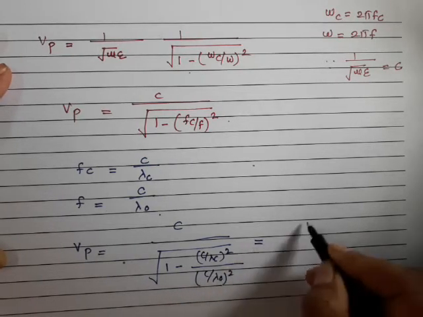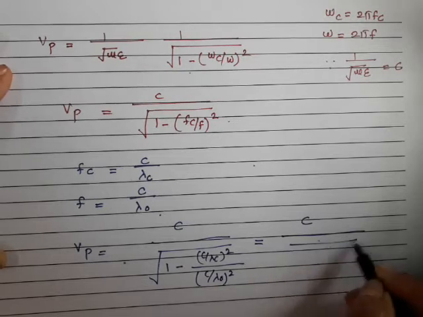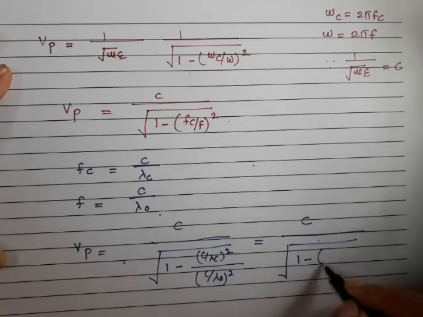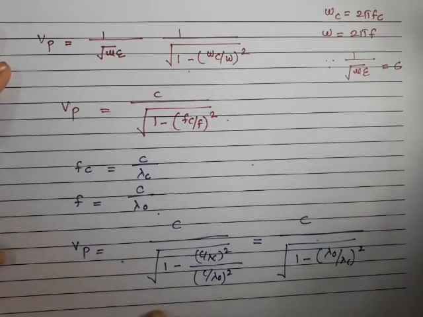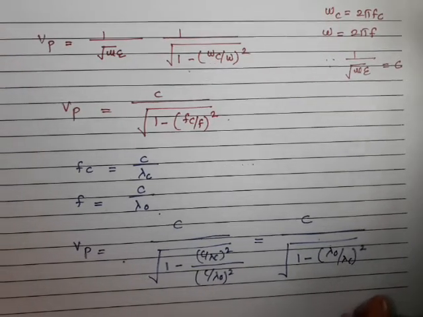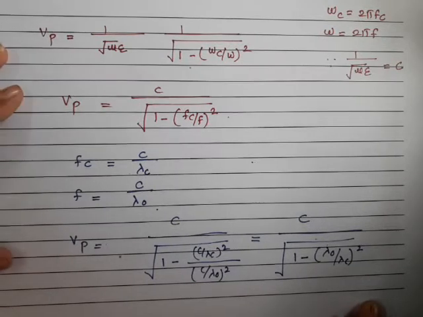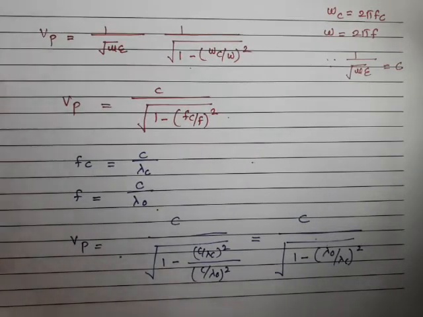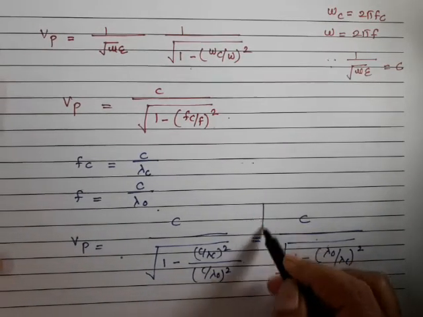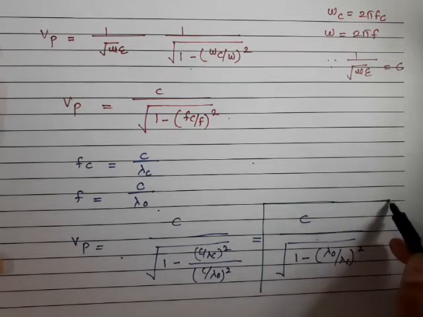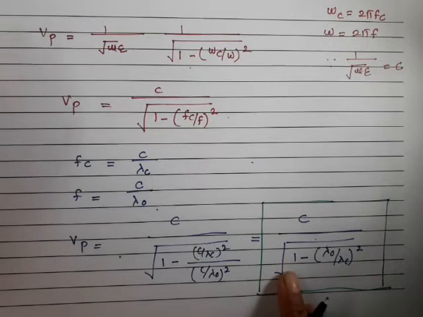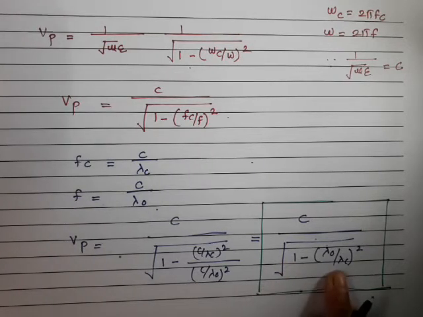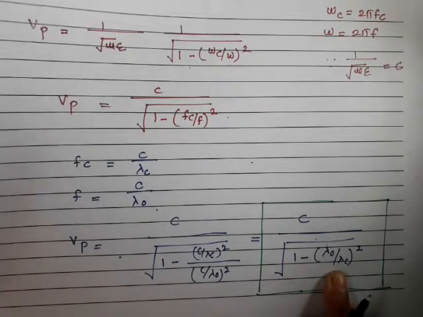Then my complete term will become c divided by the square root of 1 minus lambda 0 by lambda c square. So here we have found how we can calculate Vp. If you know the cutoff wavelength and the free space wavelength, you can calculate the phase velocity. So your phase velocity is c divided by square root of 1 minus lambda 0 by lambda c square. Now let us see the expression for Vg.